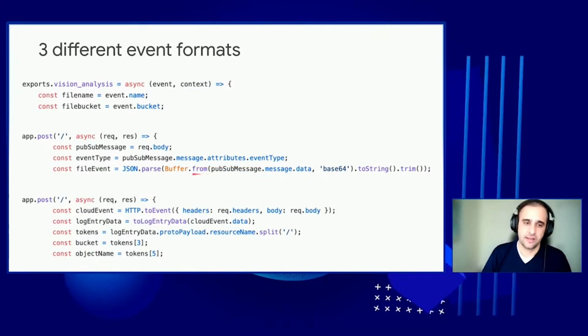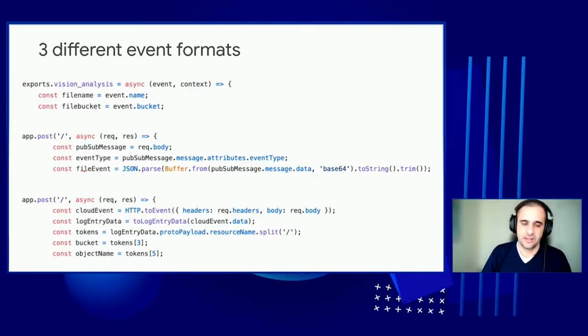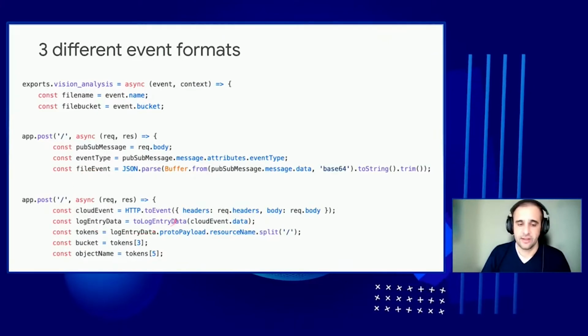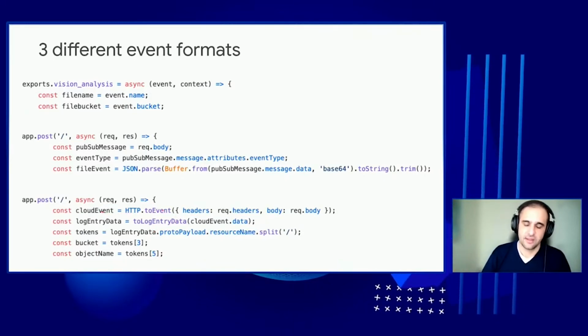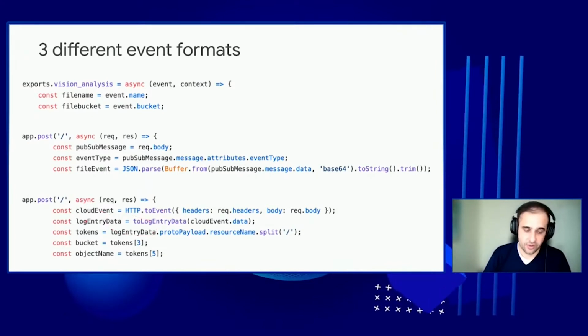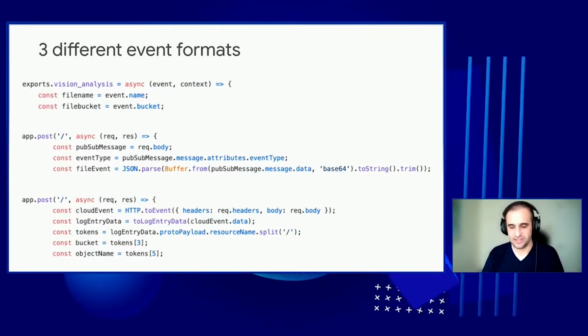So decode that, and then we get the file event. And in the third one, it's the Cloud Run service through EventArc. We are getting another event type called Cloud event. So we need to get the Cloud event, which has the file event wrapped into an audit log. So we had to get the audit log, then we get the file event. So you can see that it has real implications, and you need to keep track of these things, like what's the event type, how do I parse it, things like that.